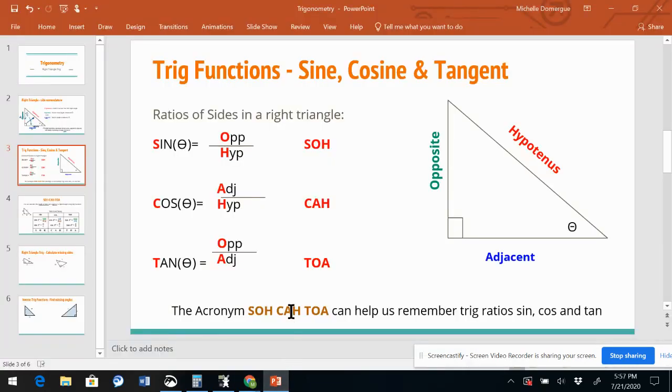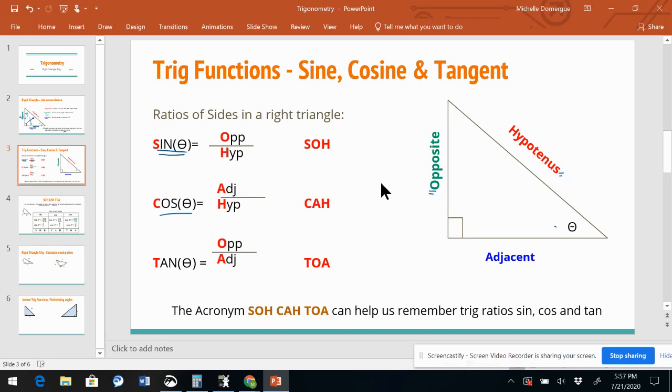So why this is important is that it is the basis of what we get trig from. A long time ago, some mathematicians decided, okay, let's call those ratios sine, cosine, and tangent. So for the acute angle theta, the ratio of the opposite side divided by the hypotenuse, we're going to call that sine.